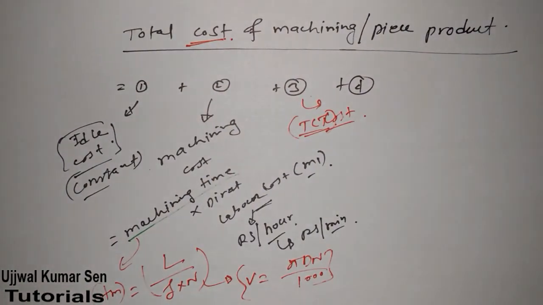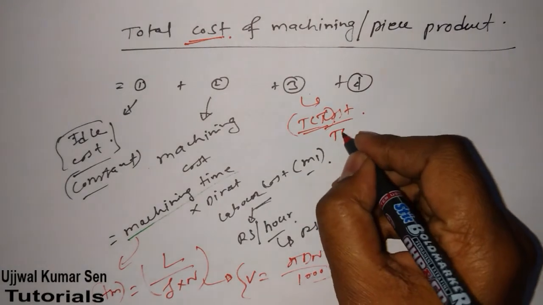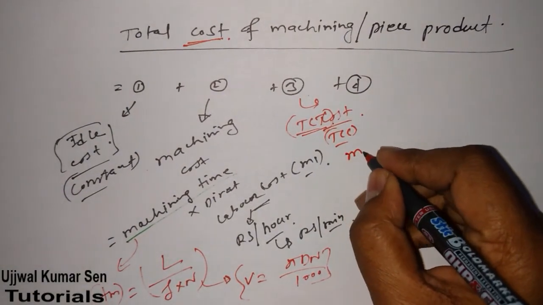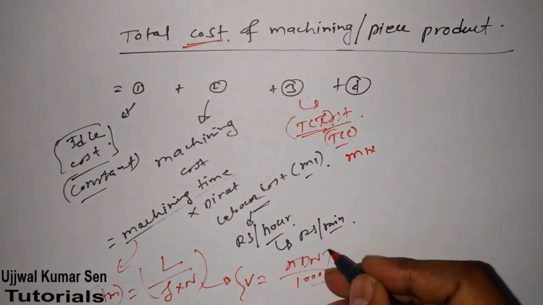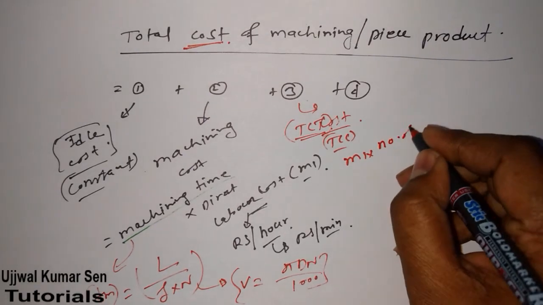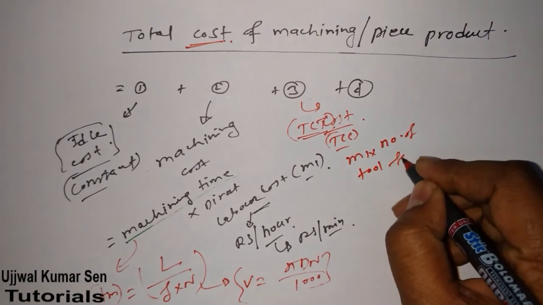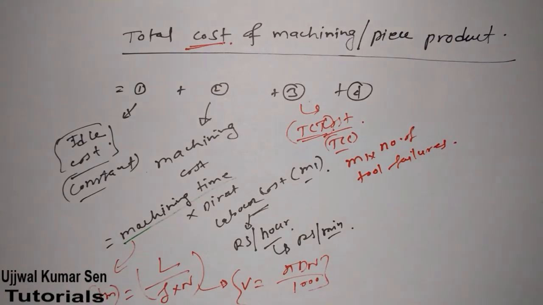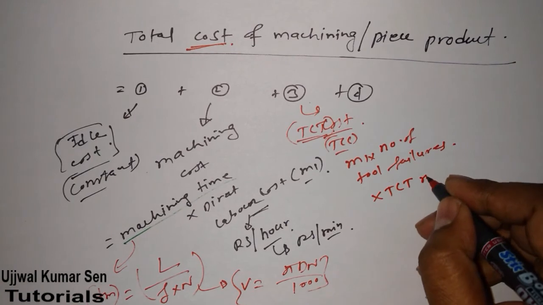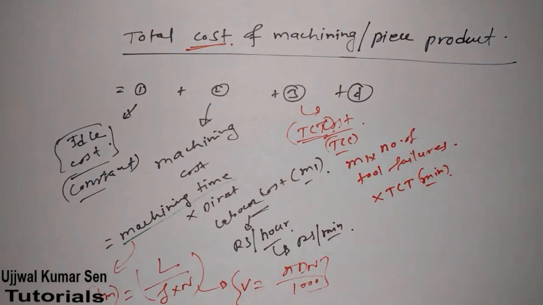So TCC, tool changing cost, is equal to M1, the direct labor cost, again do check this unit, multiplied by the number of tool failures, that is, how many tools have failed, multiplied by the tool changing time. Of course this should be in minutes. If it is given in hours, change it into minutes. It will help you a lot, that's why I am sharing it with you.